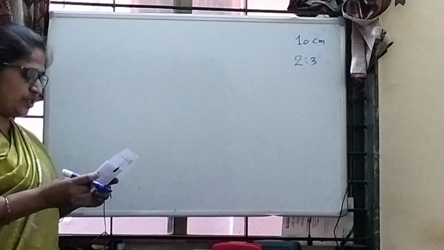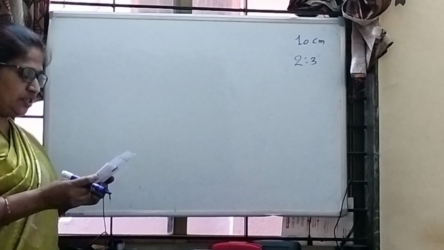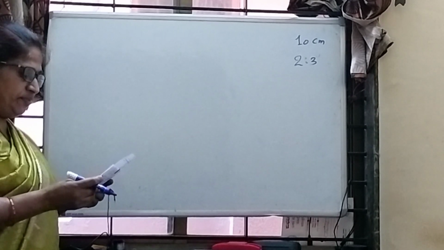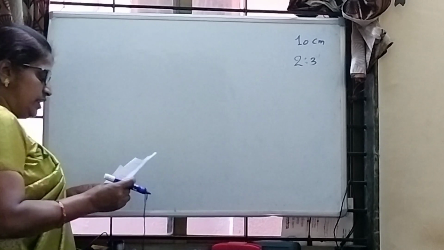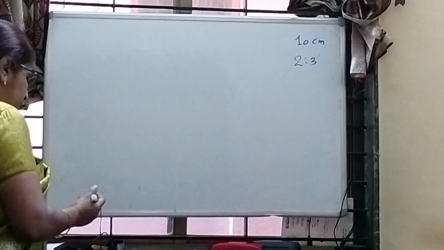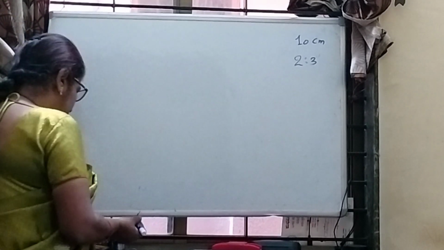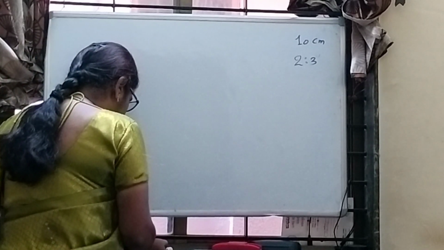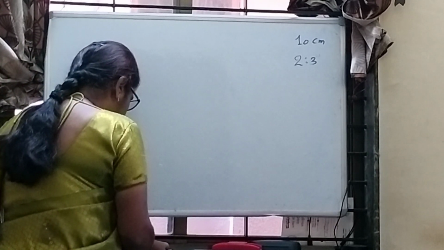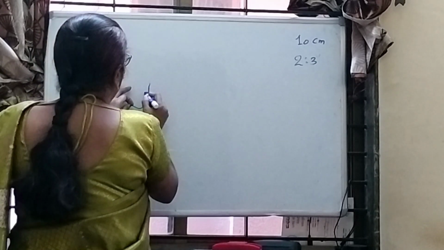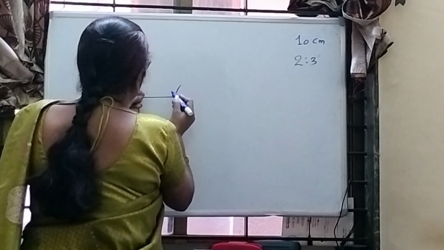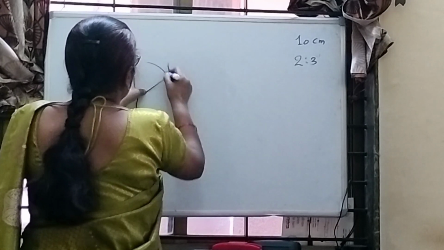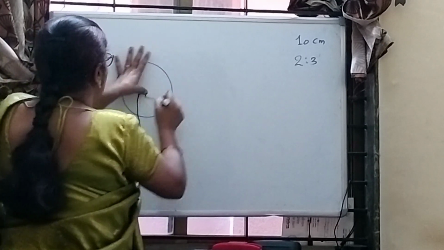Construct 2 tangents to a circle of radius 3 centimeters from a point 8 centimeters away from the center. So we need to construct 2 tangents. The circle of radius is 3 centimeters. You take the measurement. So I'll be taking 3 centimeters. If I hold it like this, 3 centimeters, so you can draw a circle.